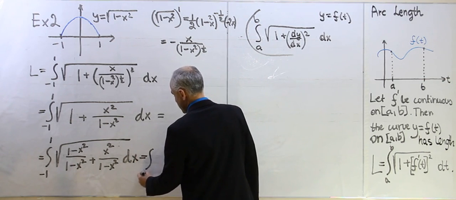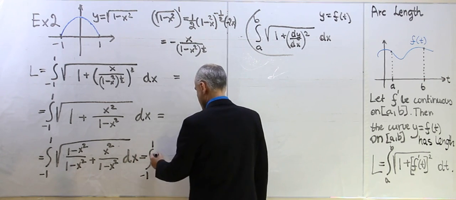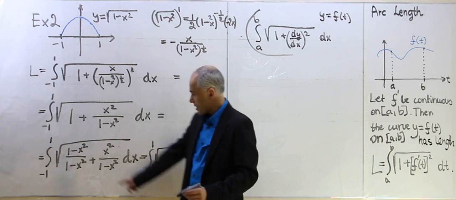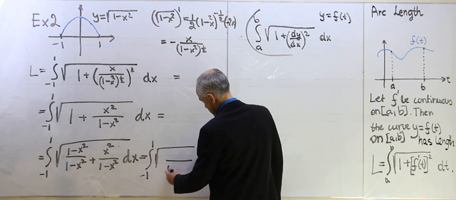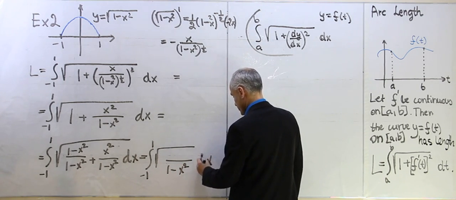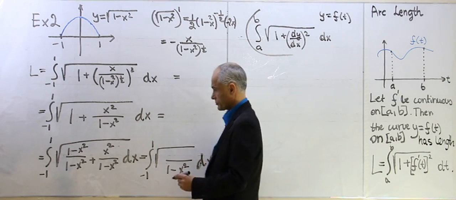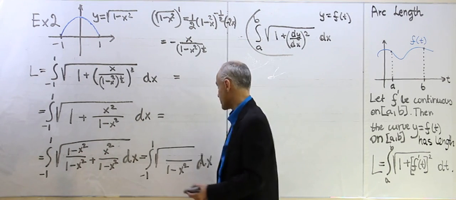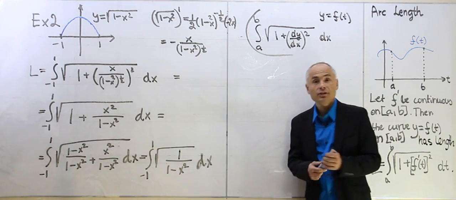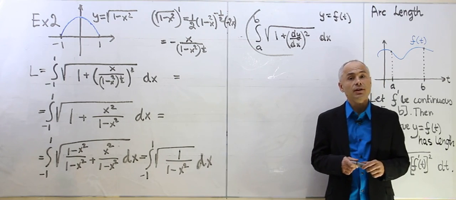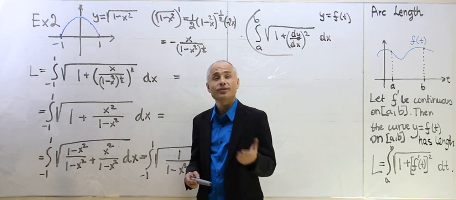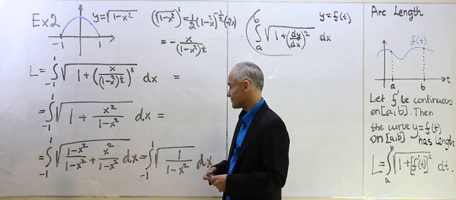So I get the integral from negative 1 to 1 of the square root of, if I have a common denominator here, 1 minus x squared, what do I get in the numerator? 1 minus x squared plus x squared, so just 1. Okay, so we got that integral, the integral from minus 1 to 1 of the square root of 1 over 1 minus x squared dx.